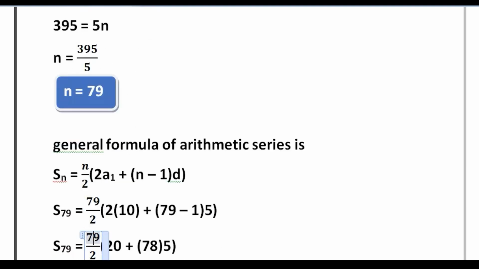Next, the general formula of the arithmetic series is Sn is equal to n divided by 2 into (2a1 plus (n minus 1) into d). The value of n is 79, so S79 is equal to 79 divided by 2 into (2 times the value of a1, which is 10, plus the value of n, 79, minus 1, into d).